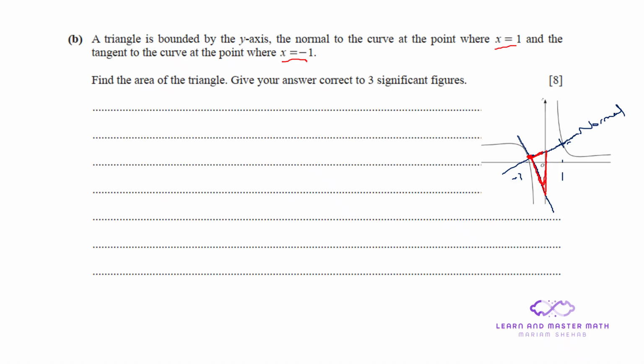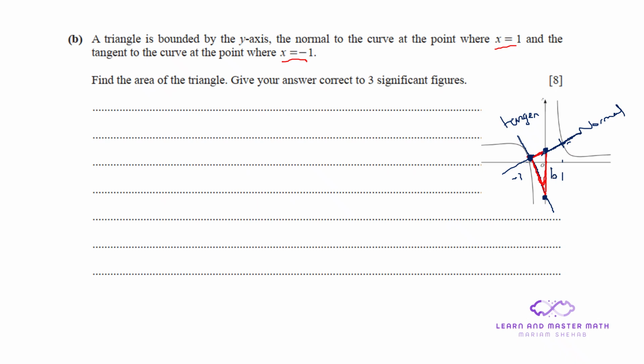Well, we have to find 3 basic points. The intersection between the normal and the tangent point. This is a special one. And we need the intersection between the normal and the y-axis. And then we need the intersection between the tangent and the y-axis. Why? Because if I do find these 2 points here, I can find the distance between them, which is the base of my triangle.